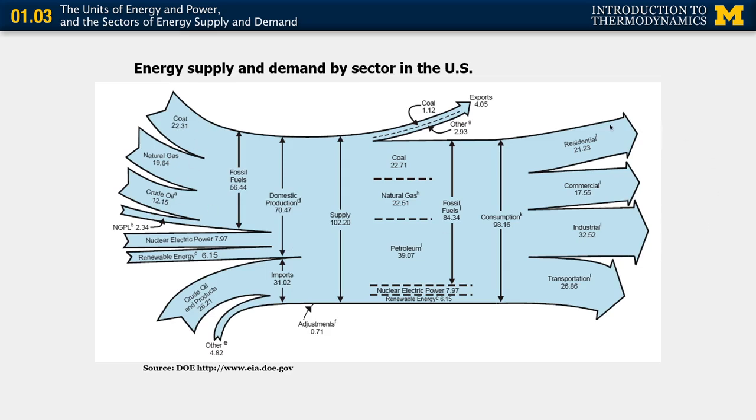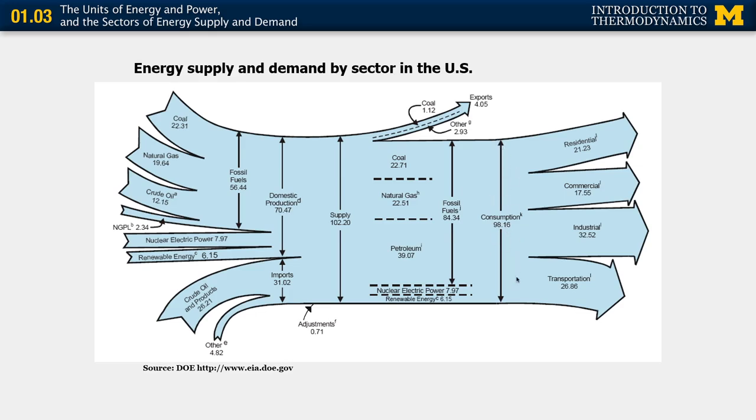On the right-hand side, this is our demand, and these are broken up into different sectors: the residential, commercial, and industrial, and transportation sectors specifically. And there are some units here that are assigned in terms of these production and all these different energy supply and demand vectors, but we don't need to know the specifics of the units.